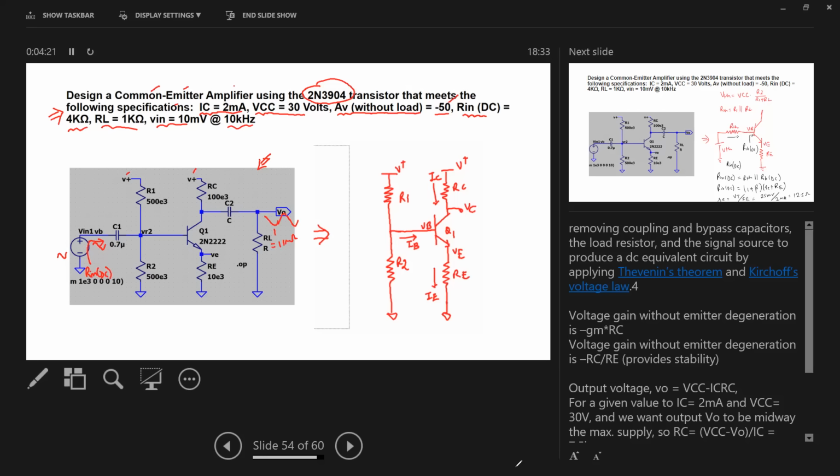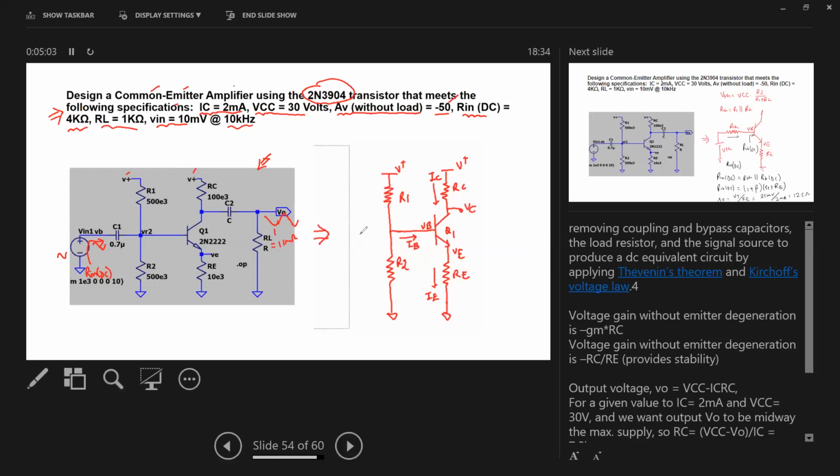So what you see here, to understand the DC behavior of this circuit, first I will need to analyze the circuit in this fashion by removing these coupling capacitors, and also there is one capacitor here called the bypass capacitor. Okay.